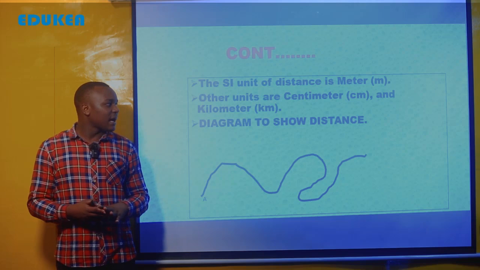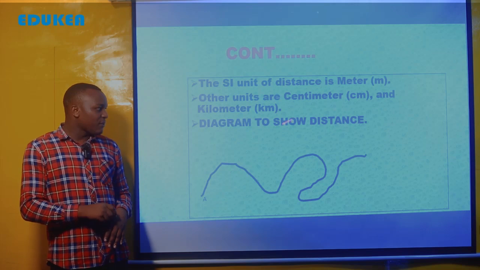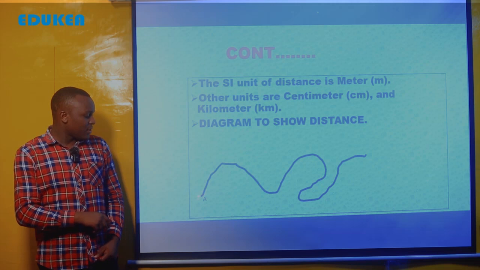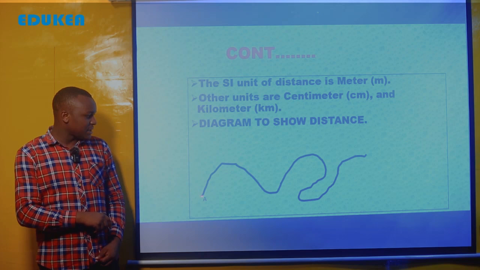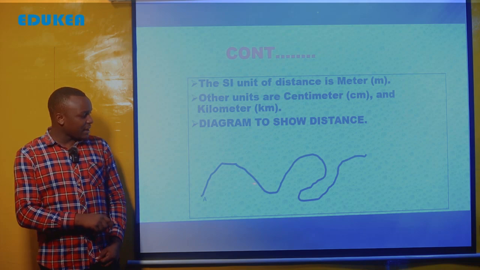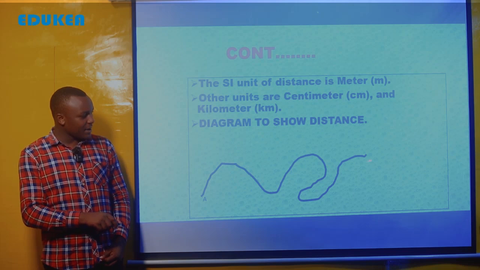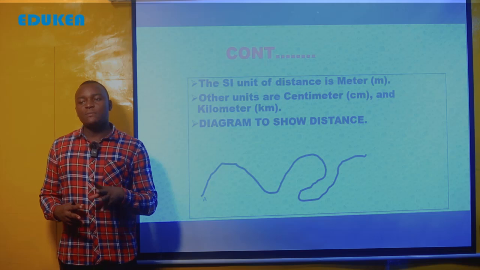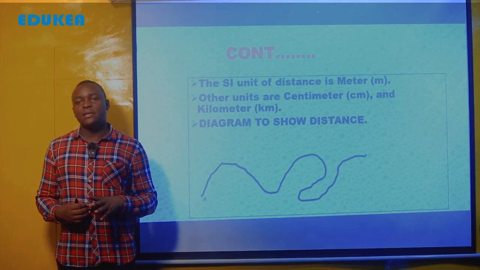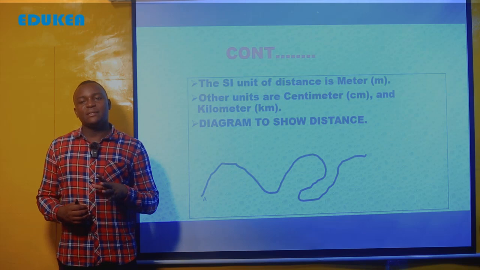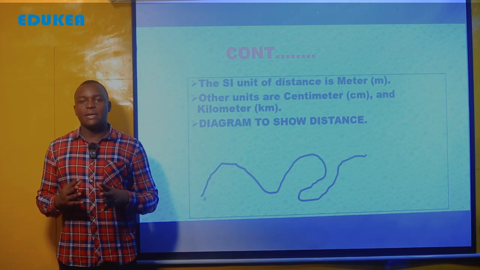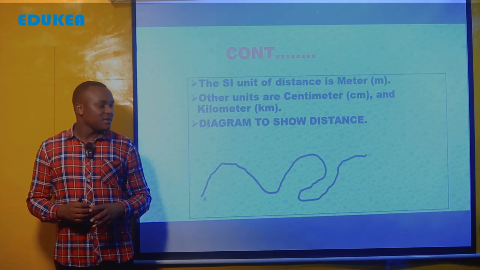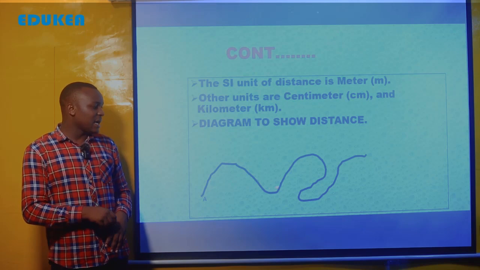Kwa mfano tukiangalia huu mchoro, let's say an object moved from this point, ikaenda ikazunguka mpaka ikafika hii point. Hapo tunasema kwamba hiyo object au that body moved but it has only magnitude, but in terms of direction it doesn't have a direction, so it is non-direction motion, that is distance.